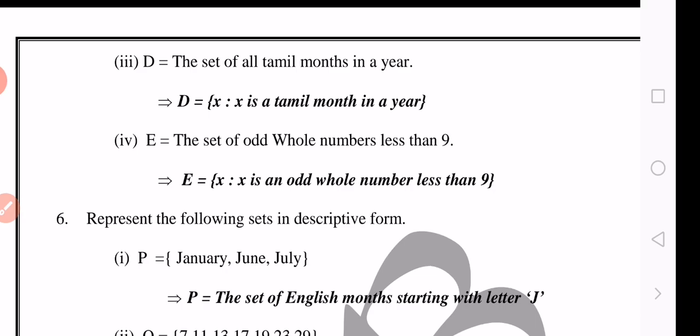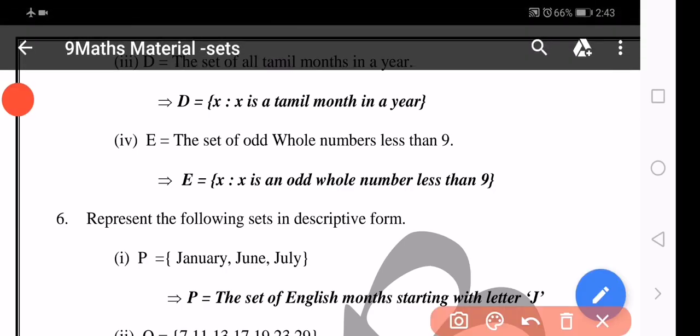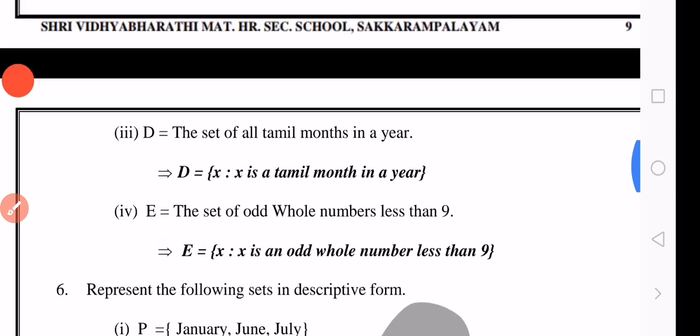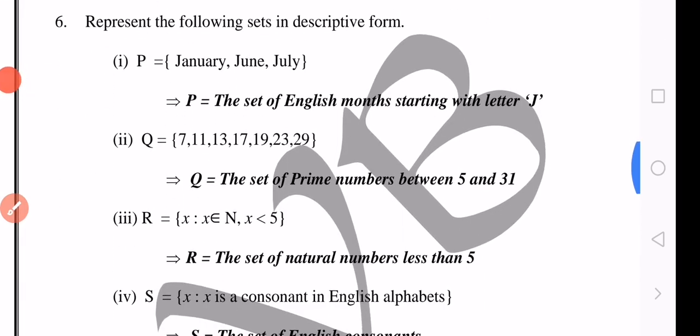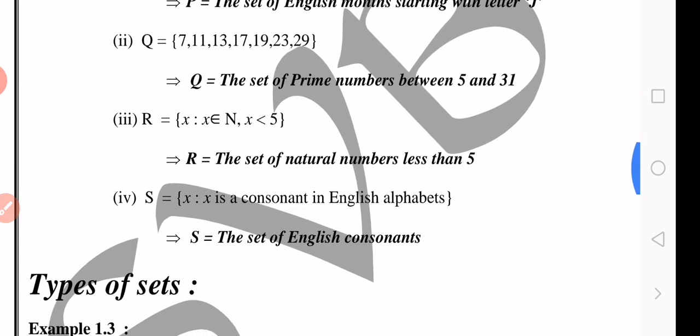And the fourth one, the set of all odd whole numbers less than 9: for all x such that x is an odd whole number less than 9. And the sixth one, descriptive form. First one January, June, July. Second one prime numbers. Third one natural numbers, and the fourth one consonants in English alphabets.